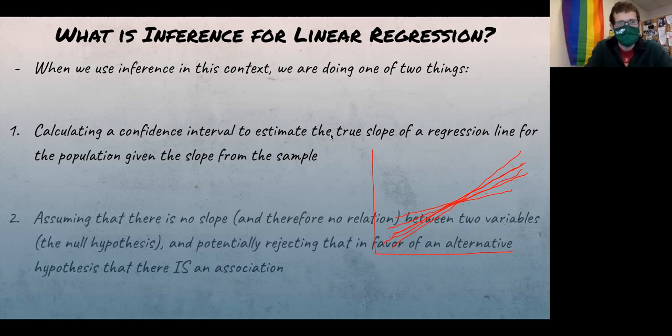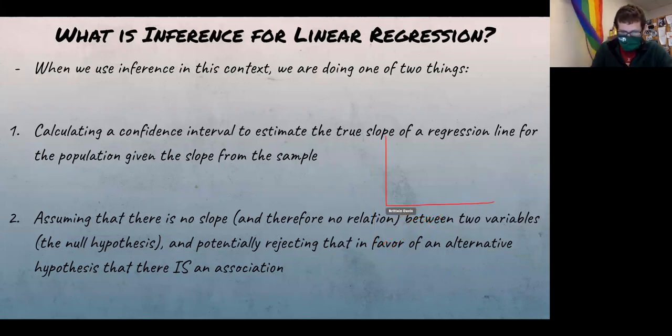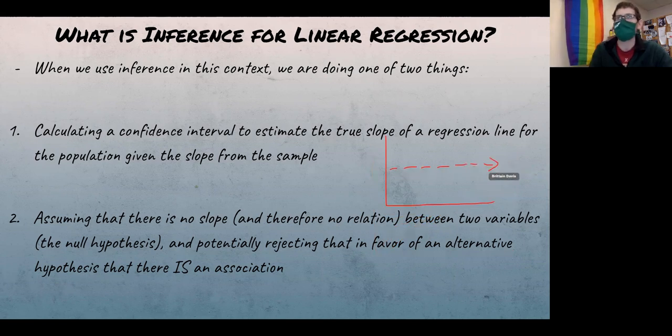All right, and likewise, we could say this. If we're going to do a hypothesis test, we're going to start with the assumption that there is no relationship between these two variables. So I might have the null hypothesis being that there is no relationship at all between these two, and here's my regression slope. But maybe our sample looks like this.